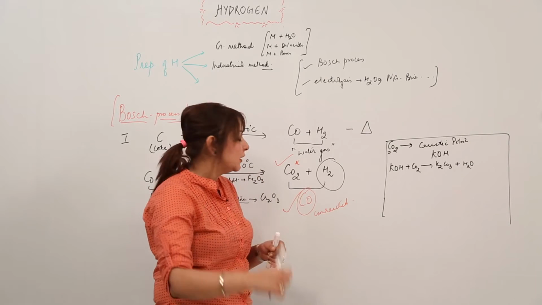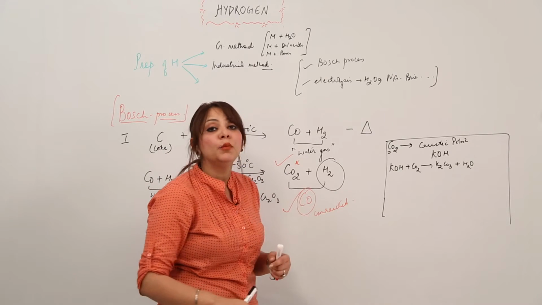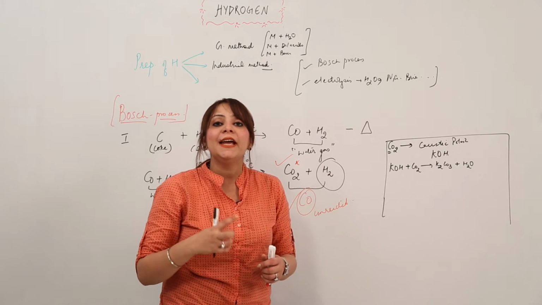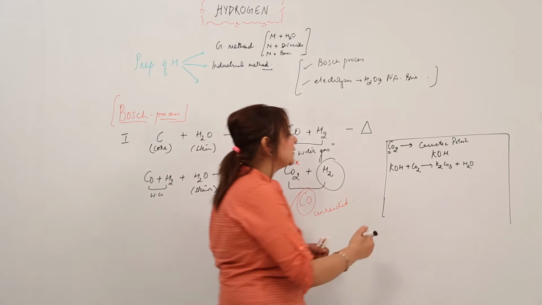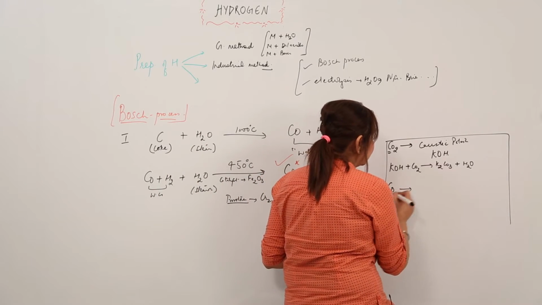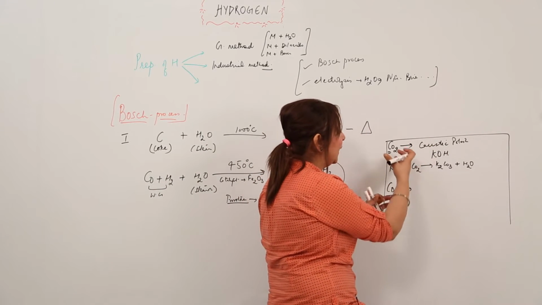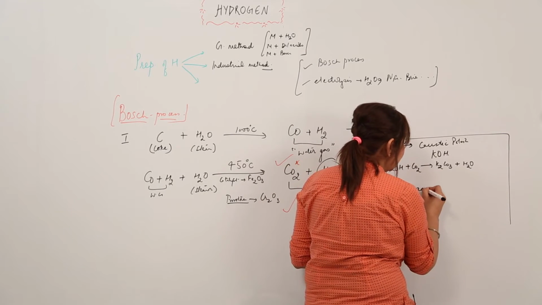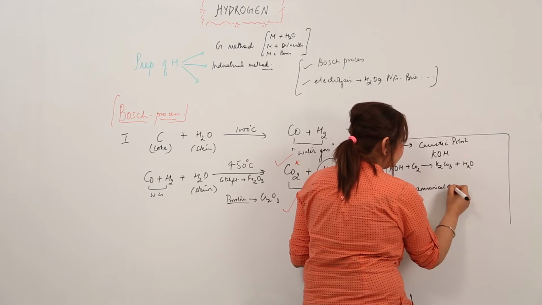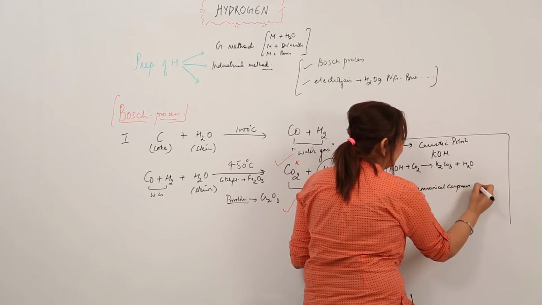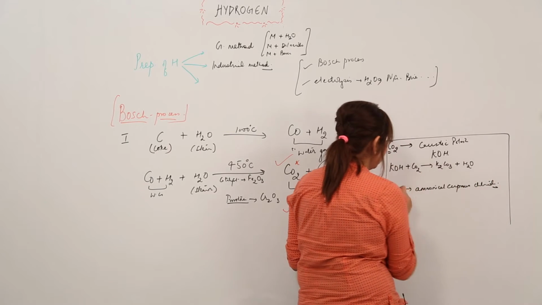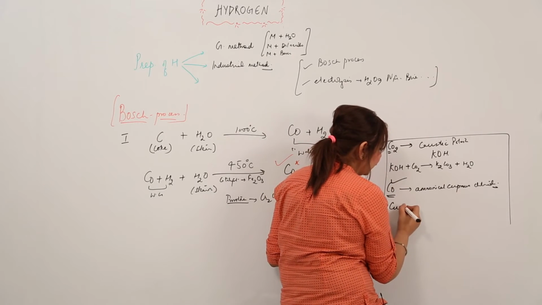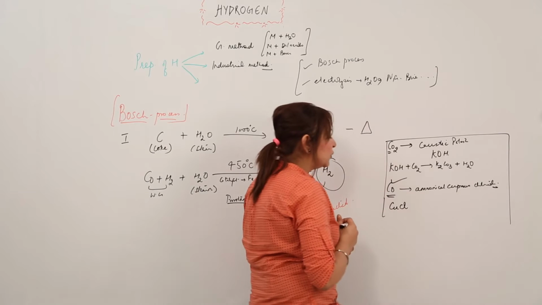Now the second impurity which we wish to remove is carbon monoxide, that is, the amount of carbon monoxide that is left unreacted. How is this carbon monoxide removed? Again, the mixture obtained after removing the CO2 is passed through a solution of ammoniacal cuprous chloride. This solution helps in removing the carbon monoxide. The formula is CuCl.